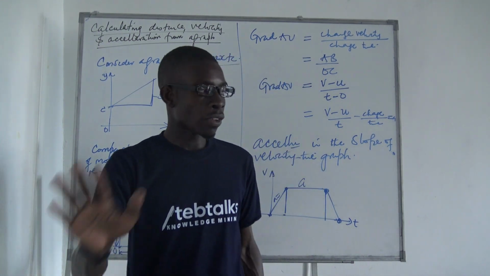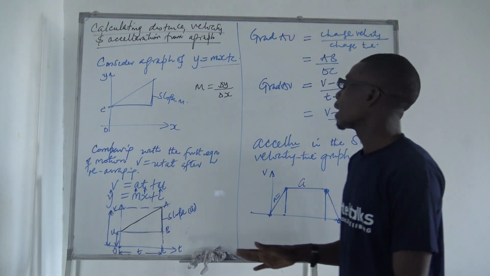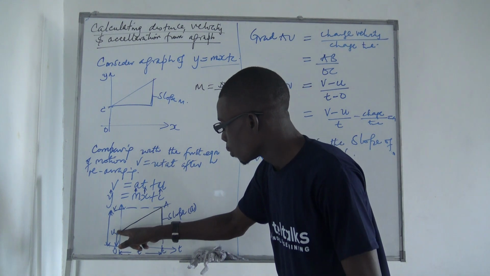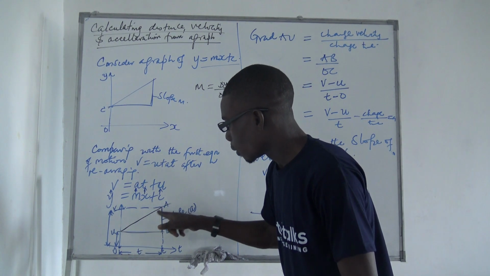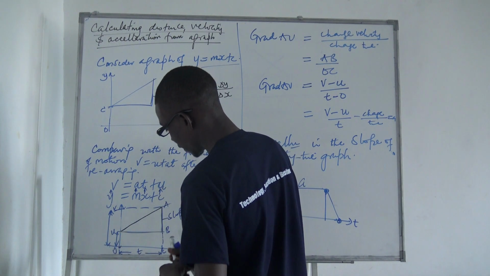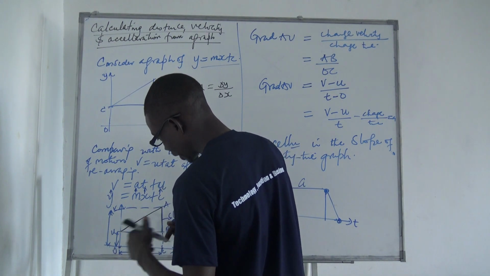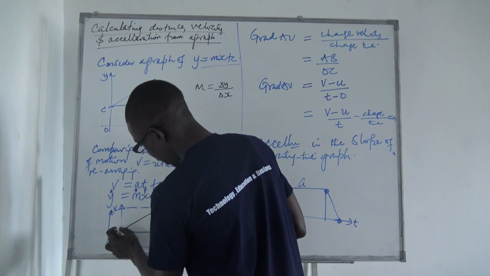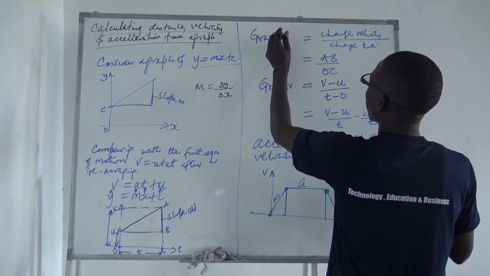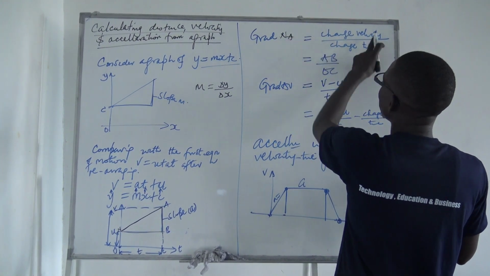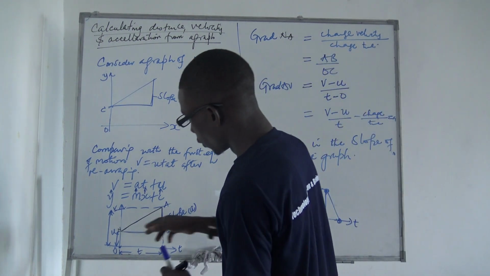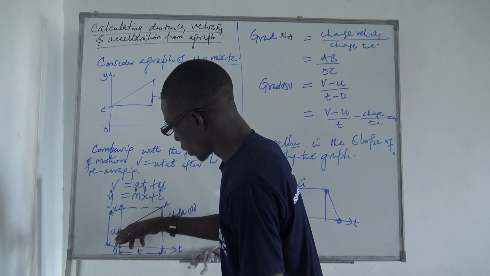If we want to prove it by calculation or by derivation, we can now come and say, what is the gradient of UA? Actually, at this point I would have called it some other letter, N, so that I can say the gradient of NA is the change in that over that, because U is from here up to here, it's not just the point.